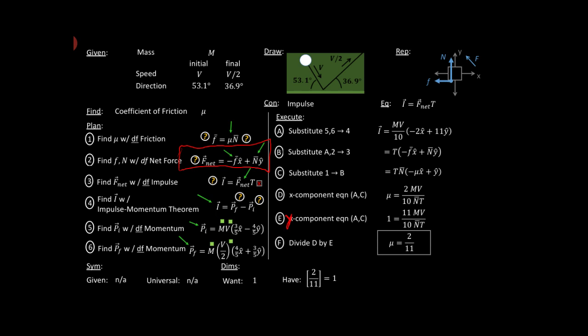That is, when you have a vector, you get as many equations out of it as you have dimensions, right? So this is a two-dimensional vector, so we can solve two scalar equations.